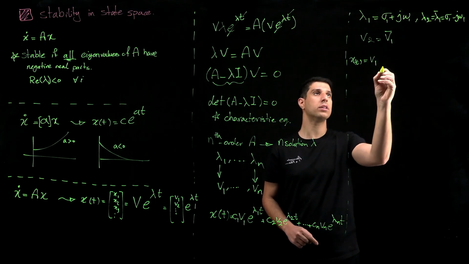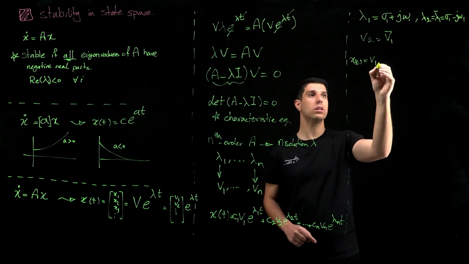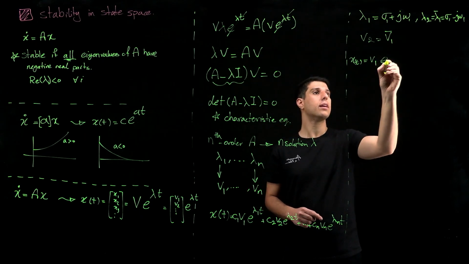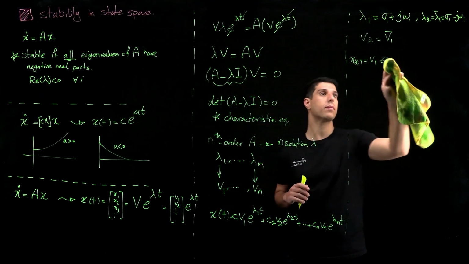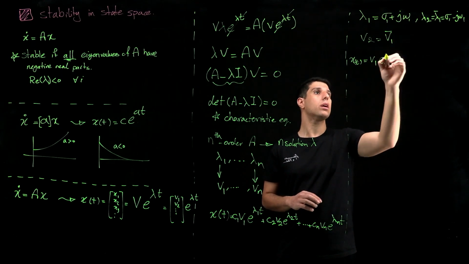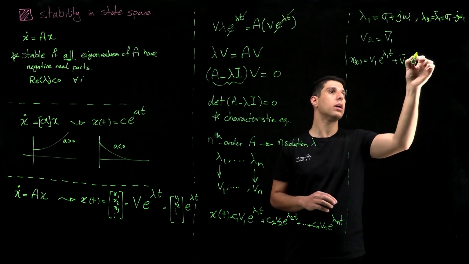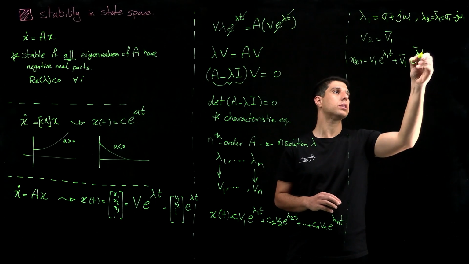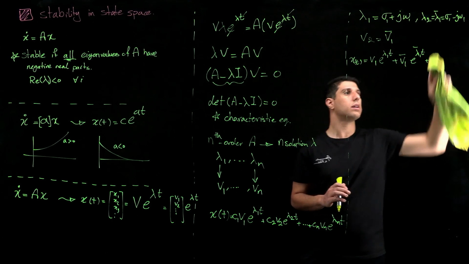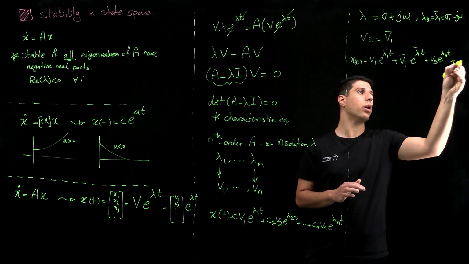I have v1 e to the power lambda 1 t plus v bar 1 e to the lambda 1 bar t plus v3 e to the lambda 3t, and so on.